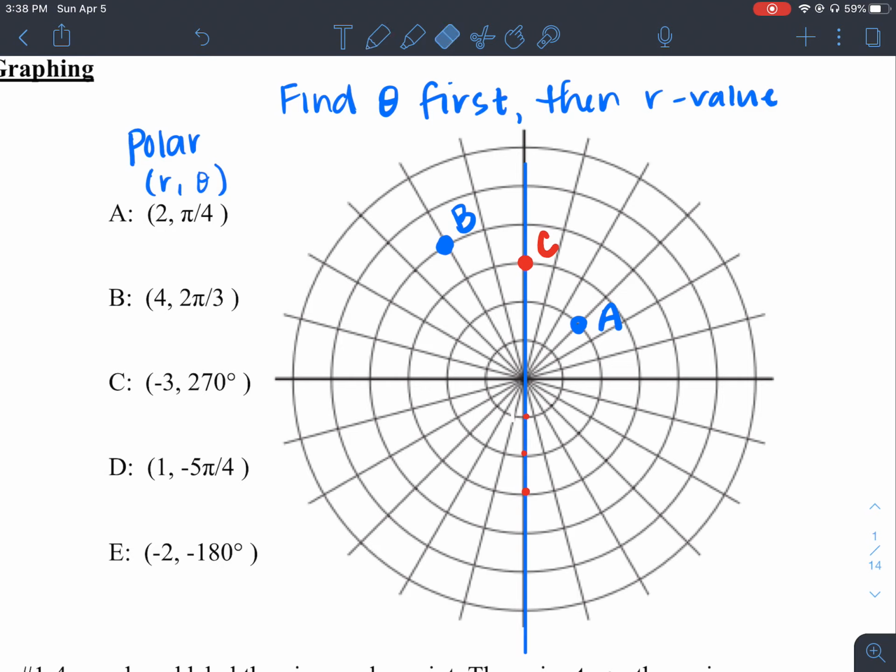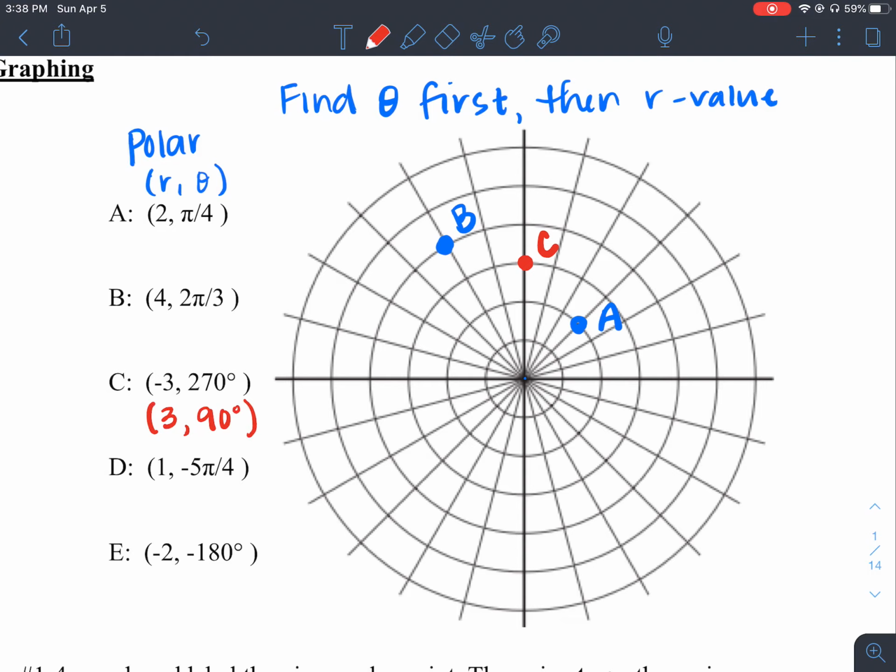All right, so it's a little strange. It does mean that our points are not unique. I can take that point C and write it another way. Point C could also be written as a positive radius of 3 at an angle of 90 degrees.